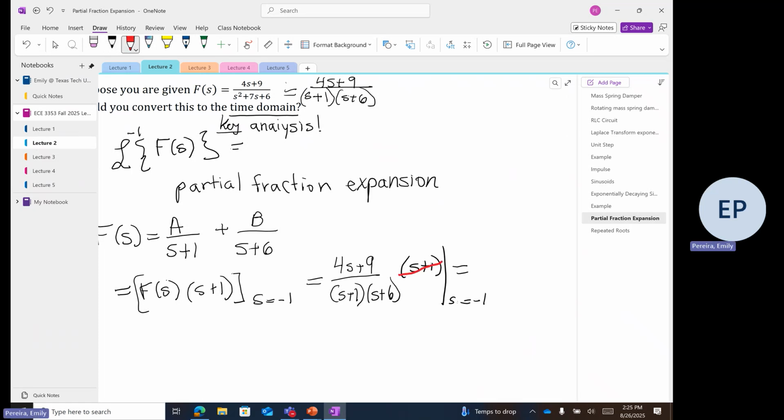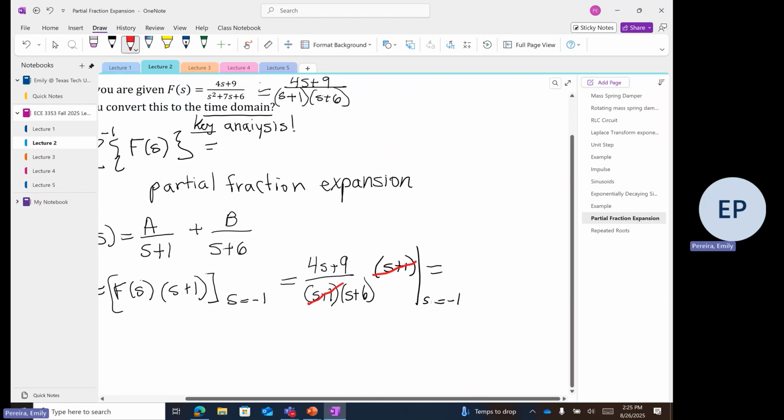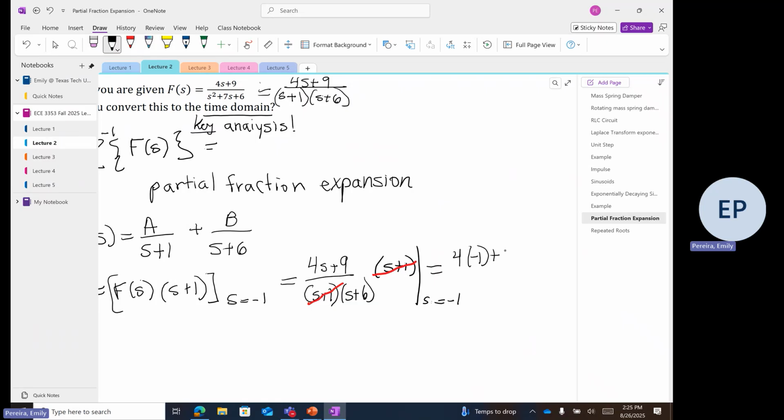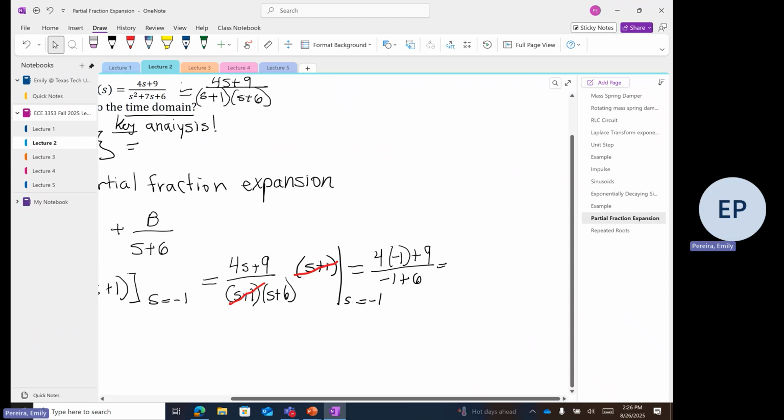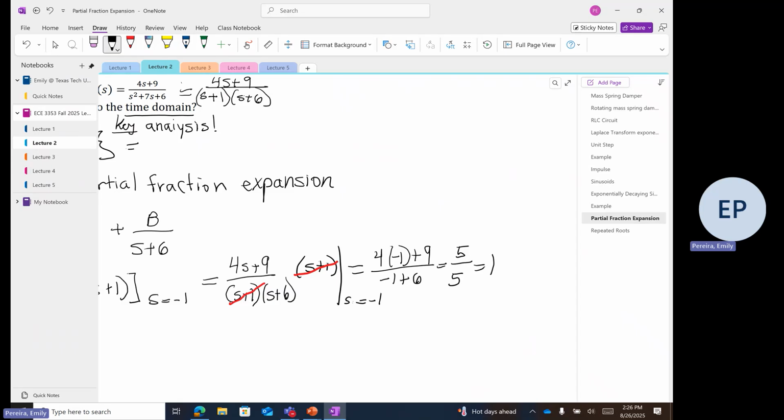So this (s + 1) is going to cancel with this (s + 1), and we're left with (4 times negative 1 plus 9) divided by (negative 1 plus 6). This gives us 5 on the top and 5 on the bottom, so this gives us 1.